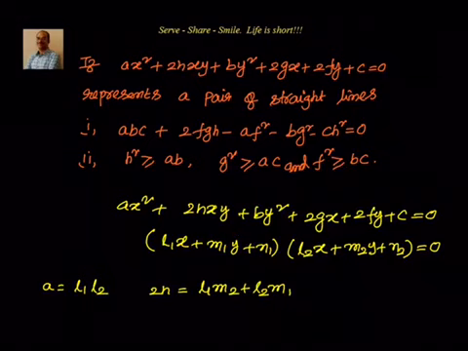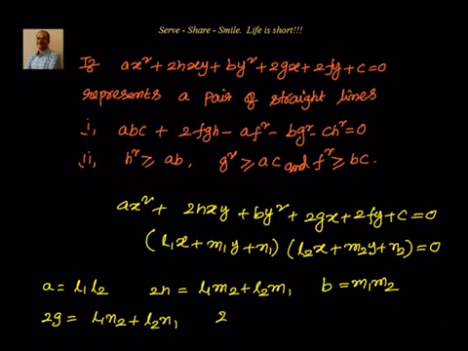Next, after that we have by². The y² term comes when you multiply M1y with M2y. So b = M1 M2. Not only that, we have 2gx. So x comes whenever you take the x term and multiply with a constant, and also the other x term with the constant. So 2g = L1 N2 + L2 N1.